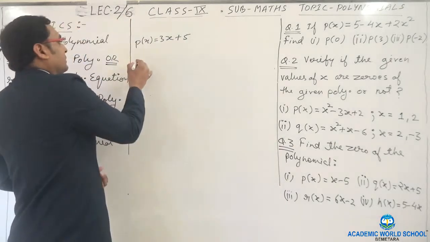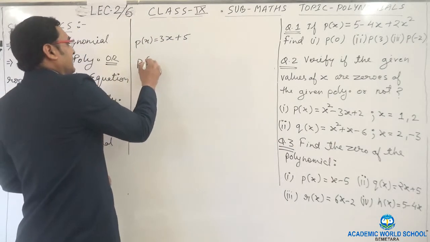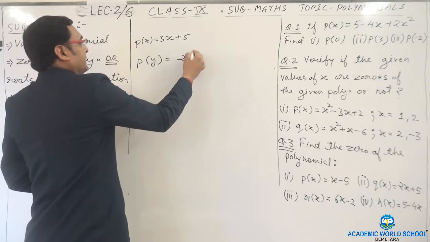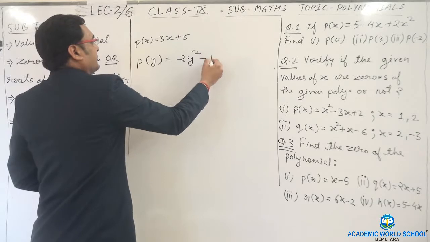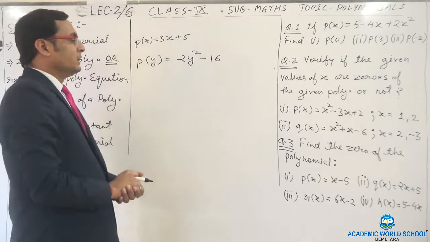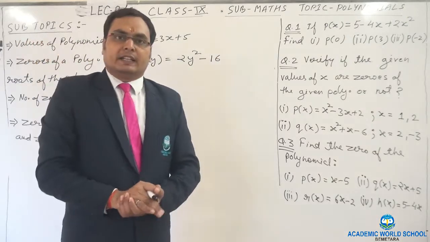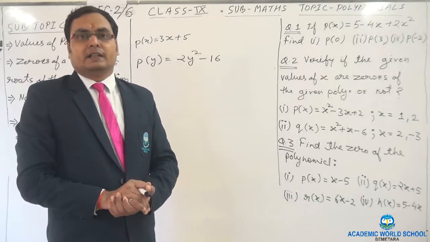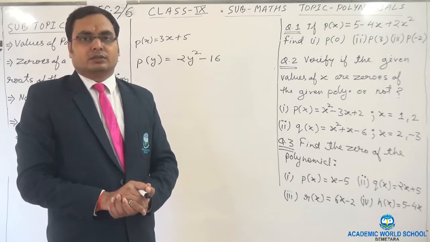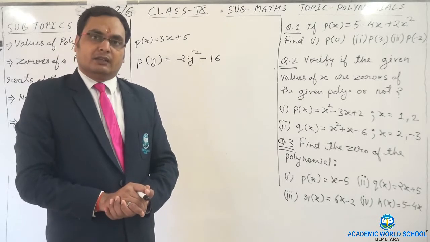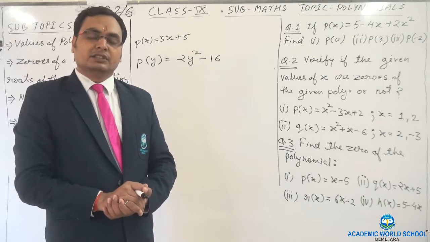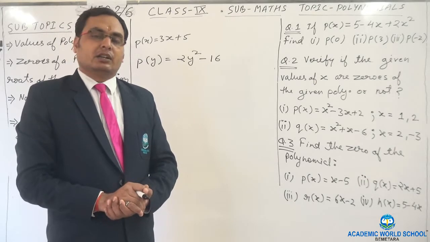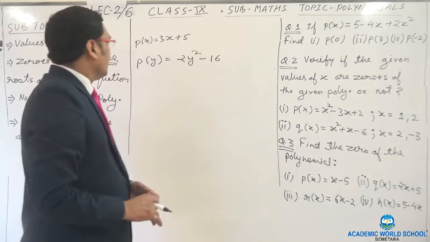If I talk about a quadratic polynomial, suppose 2y square minus 16, its degree is 2, so it may have at most 2 zeros. It may have no zeros, it may have 1 zero, or it may have at most 2 zeros, but it cannot have more than 2 zeros.